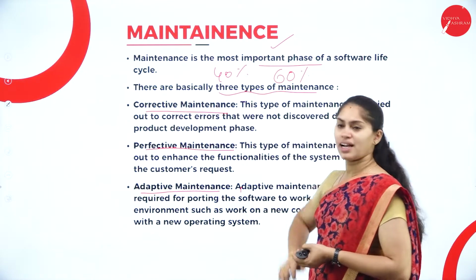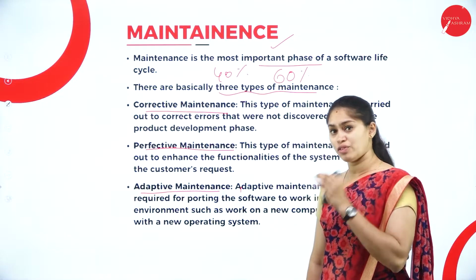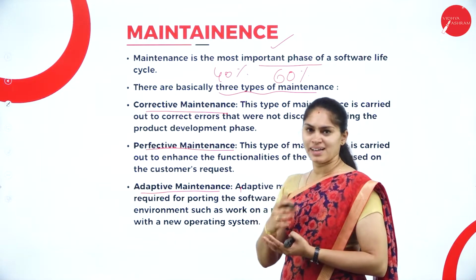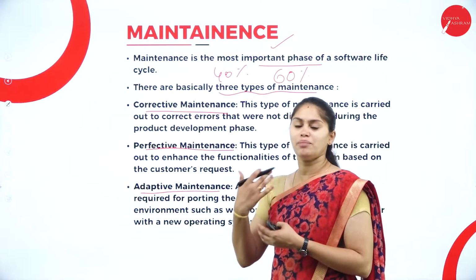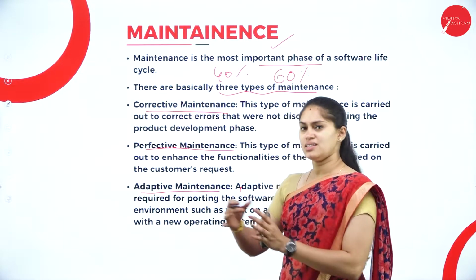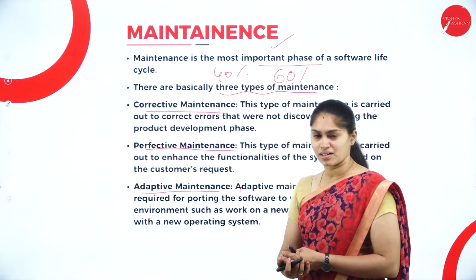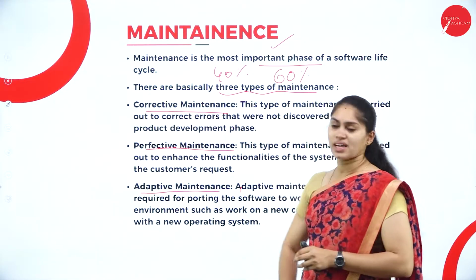When it comes to corrective maintenance, they check for the errors which we couldn't find during the development of the models. For example, we are building some house or bungalow, right? After building that, we may feel that this is not so okay. We couldn't find this at the time of development, but it can be corrected in the corrective maintenance.